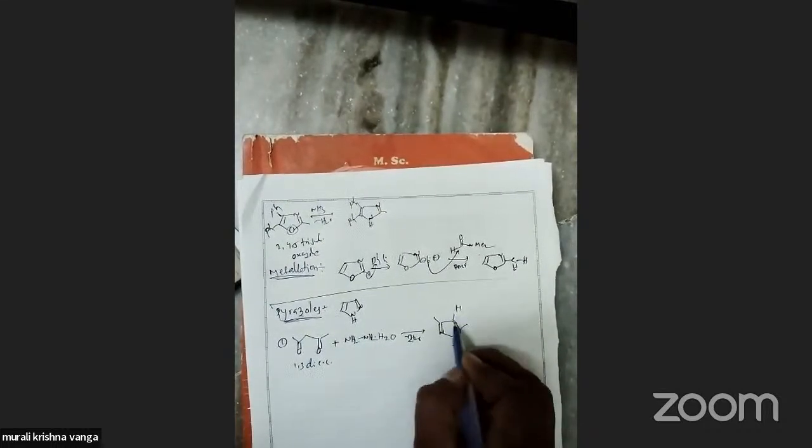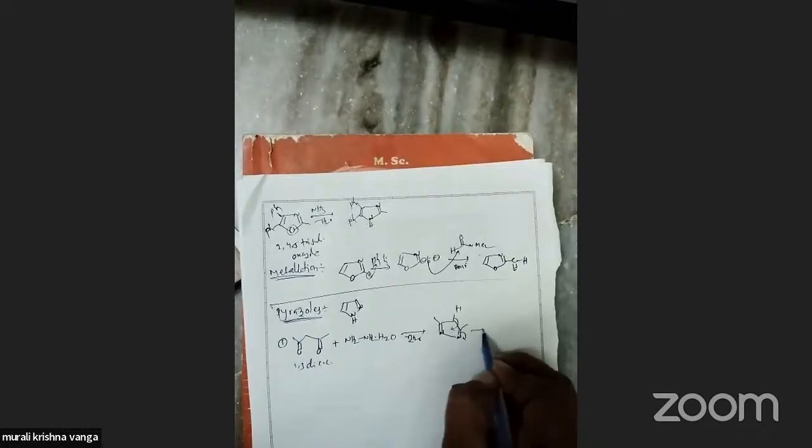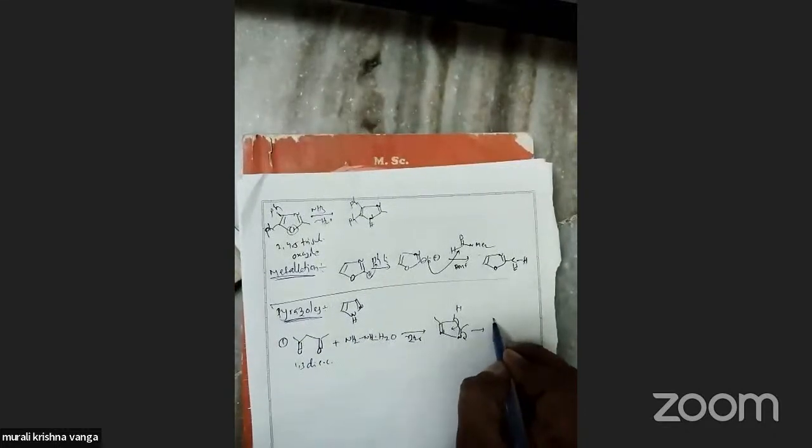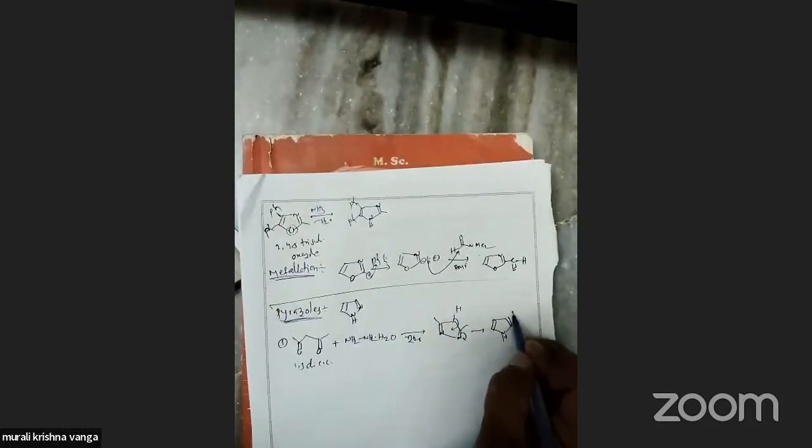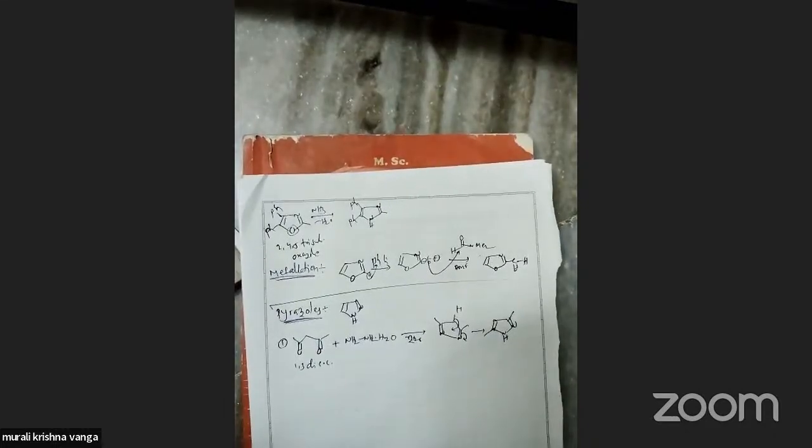Now it undergoes cyclization, and the pyrrole product is formed.